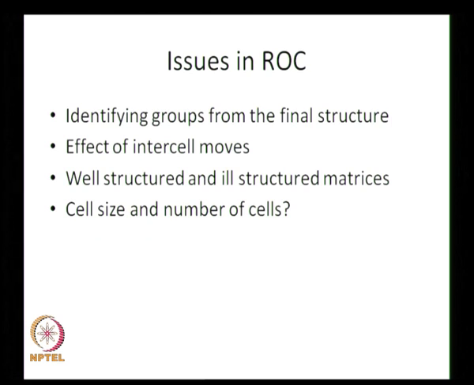Then the effect of intercell moves, this aspect is very similar to that in production flow analysis. Whether we use production flow analysis or rank order clustering, we finally get machine groups and part families, and we get intercell moves. These intercell moves will have to be eliminated, and we have to fall back on the 4 ways that we saw in the earlier lecture to eliminate or minimize intercell moves.